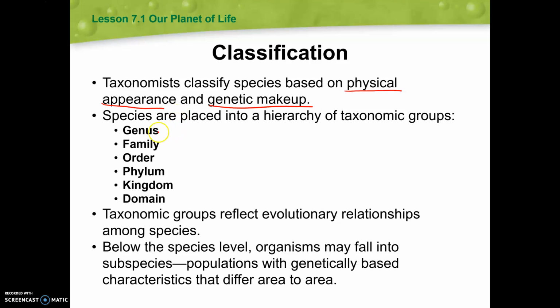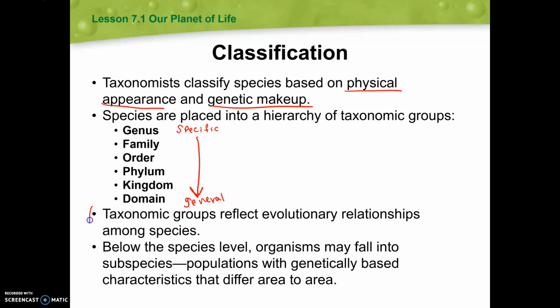If we start here, species would be on top, but this is the most specific to the most general. So as we go up here, our domain is the most general, kingdom gets a little bit more specific, and each one gets more specific until we have the exact name of the organism that we're looking at.